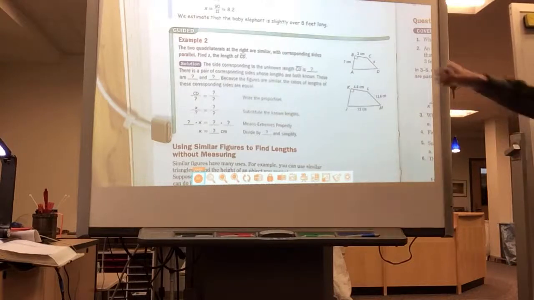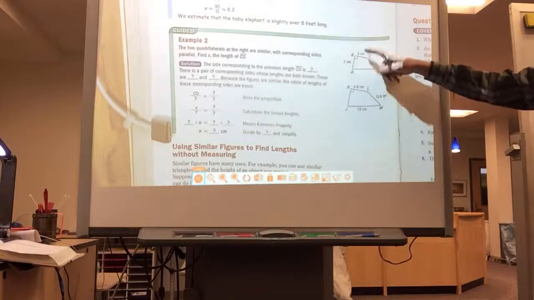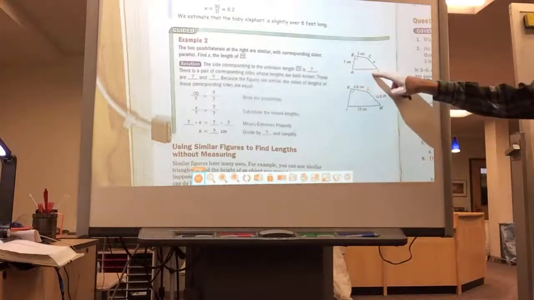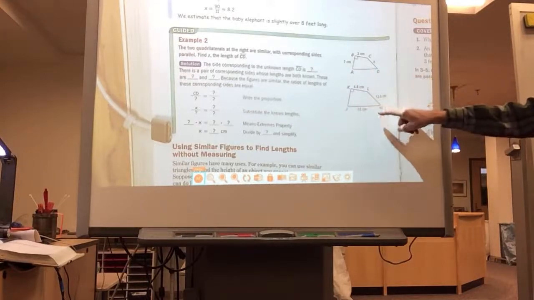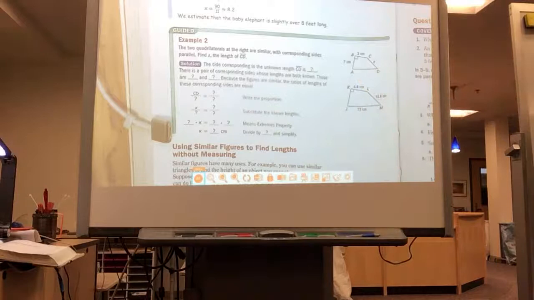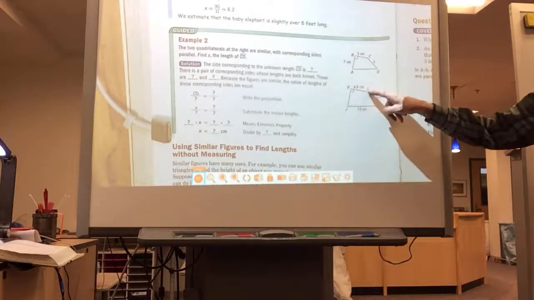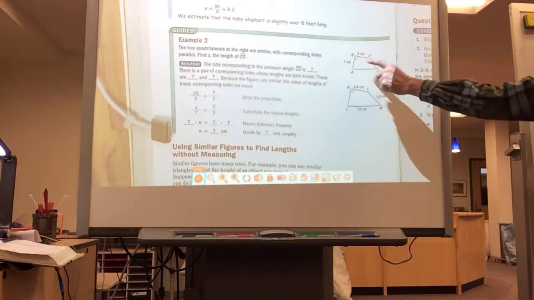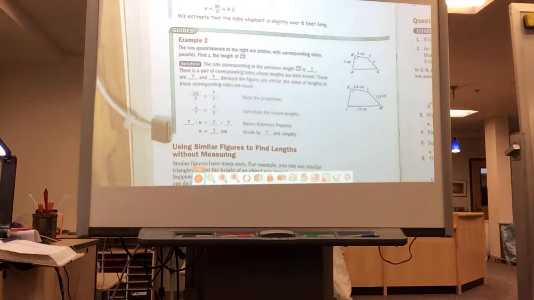And now we have to pick two sides that correspond to one another where you know both of the lengths. So you could not compare AD to JM because we don't know what AD is yet. Yeah, BC and KL. So the X and the BC come from the small figure, so I'm going to make sure that both of those numbers are in the same position in the fraction.